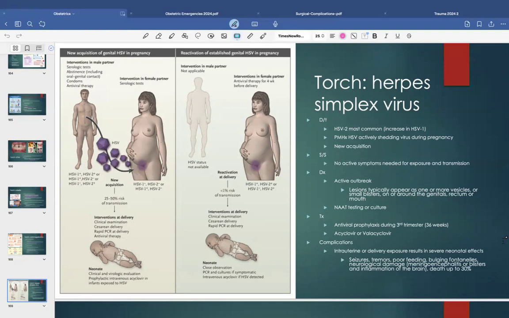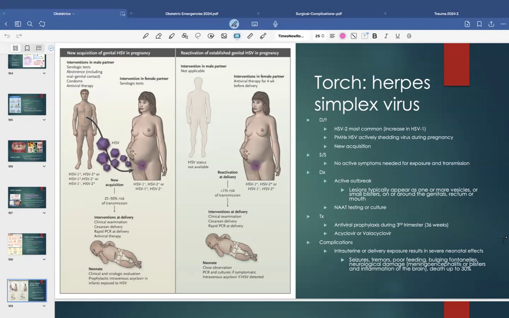Babies who are born to women who acquire their herpes close to delivery are at a higher risk for developing neonatal herpes. So you'll see those pictures that are compared there. The risk of transmission, 25 to 50% there on the left. And that's a new acquisition of herpes, that you just got it during pregnancy, not that you've had it before.